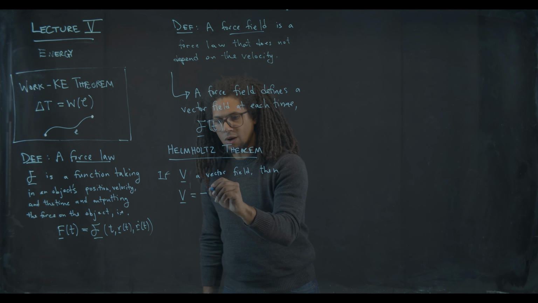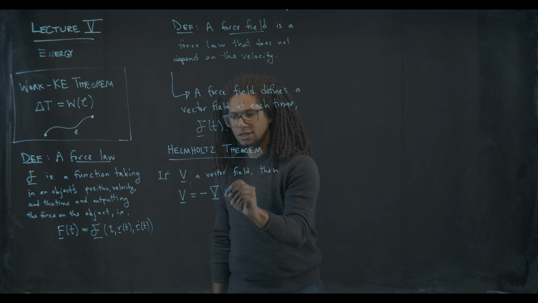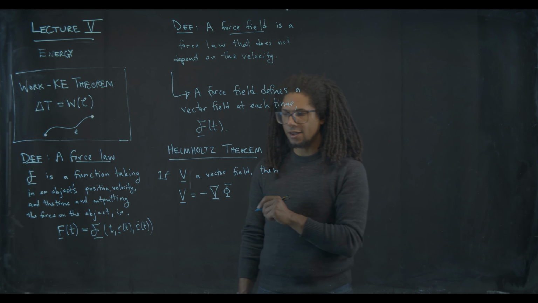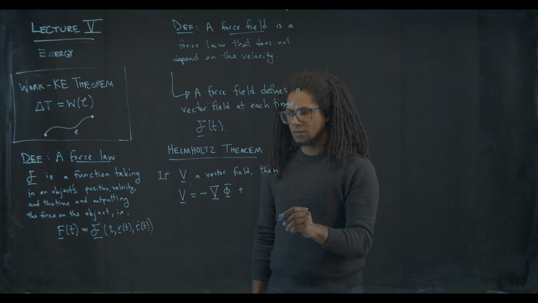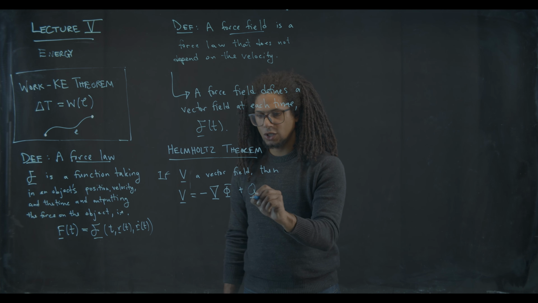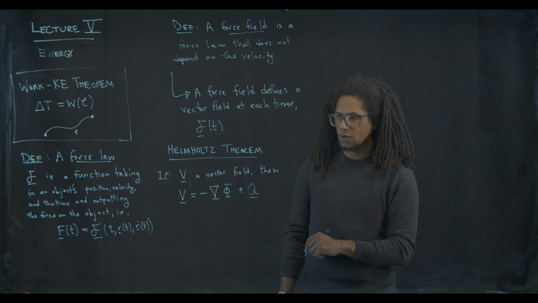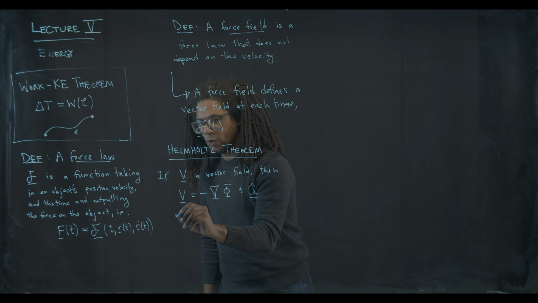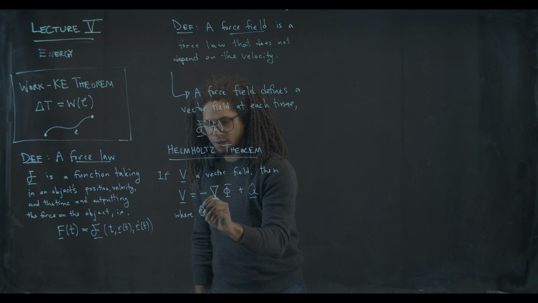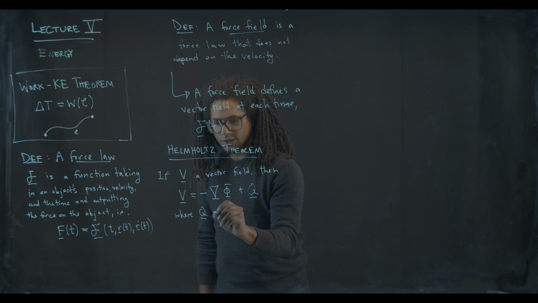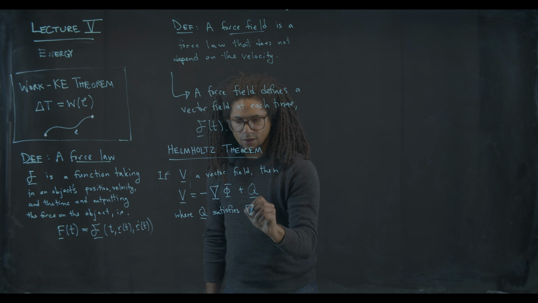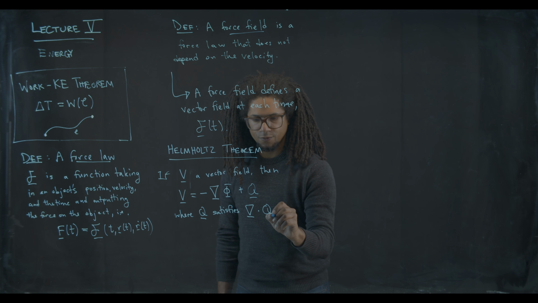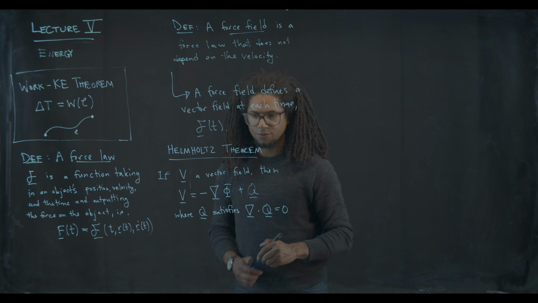V is equal to minus the gradient of phi plus another component that I'll call Q, where Q satisfies del dot Q is equal to 0.